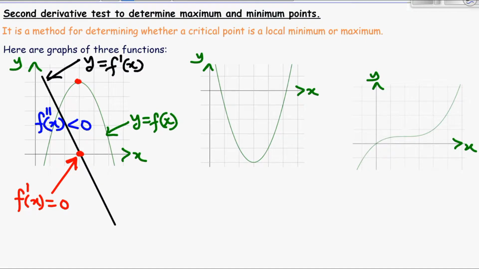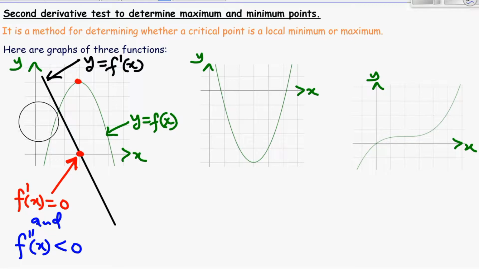In fact, we can say the first derivative is equal to 0 at that point and the second derivative is less than 0.